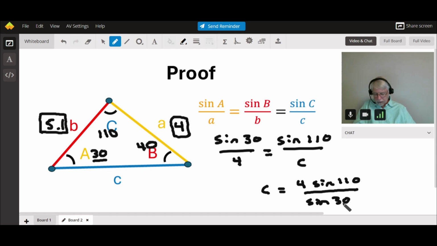So 4 times sine 110 divided by the sine of 30, and it gives me 7.5175, and it keeps on going, but we said that we could round to the tenths, so I just have 7.5 units. And so this is just 7.5.